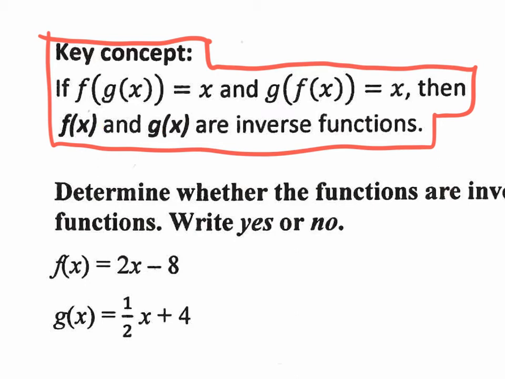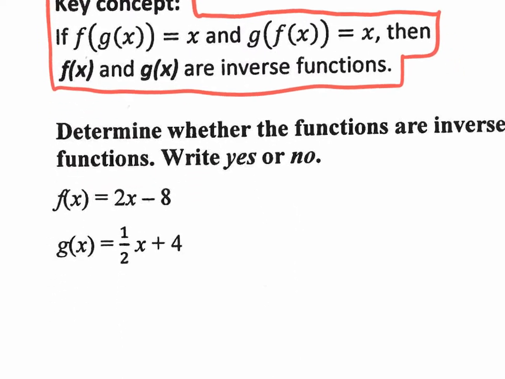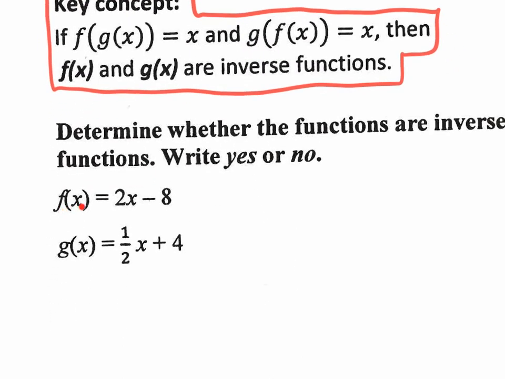Okay, so if I asked you, is the f of x function and the g of x function, are they inverse functions of each other? Well, you could make this y, make that x, switch x and y and solve, see if it actually gives you this. And then you switch it again and you do it backwards and see if it gives you that.